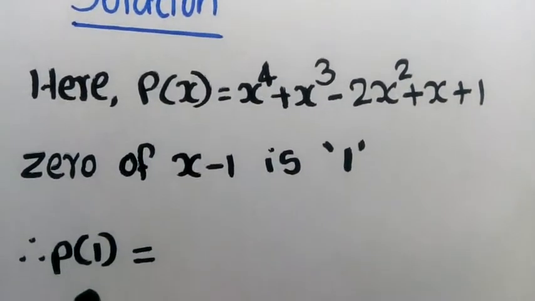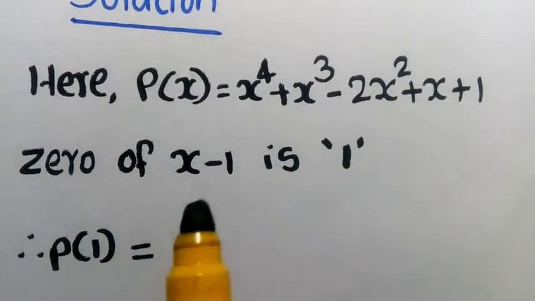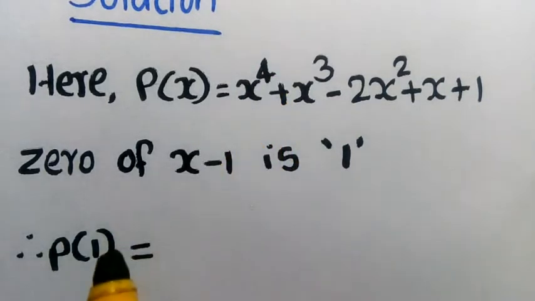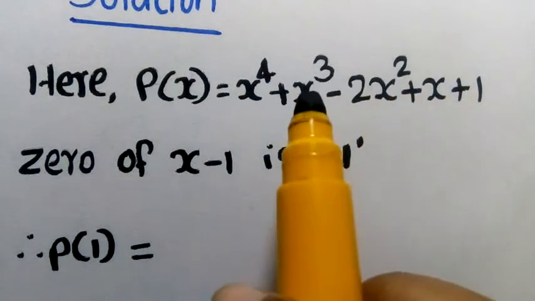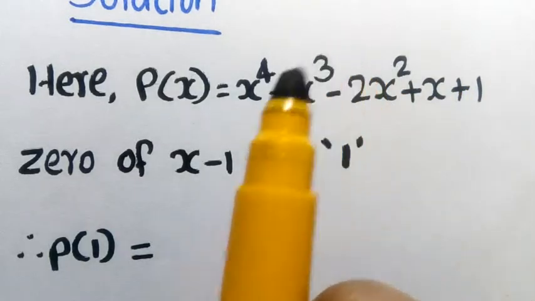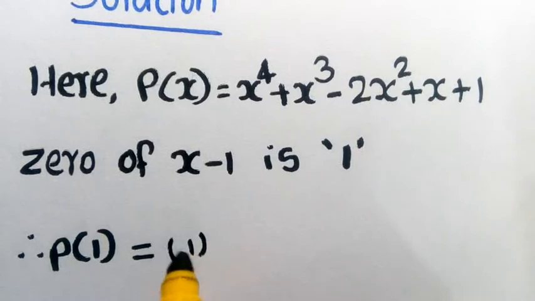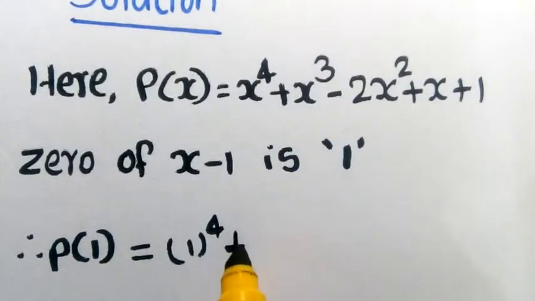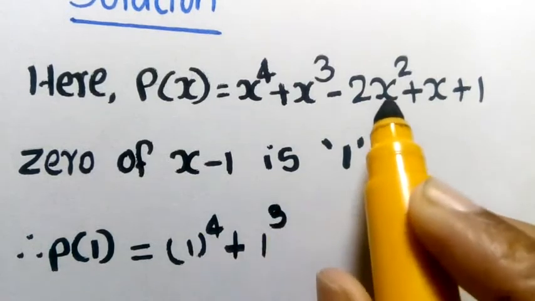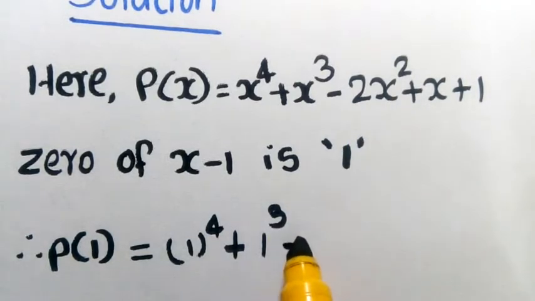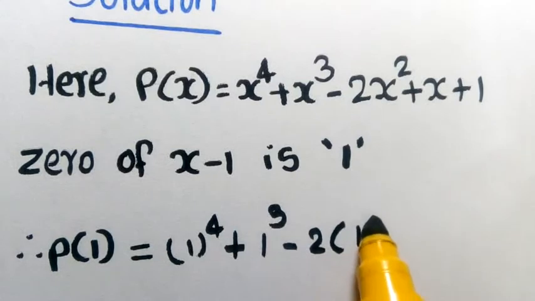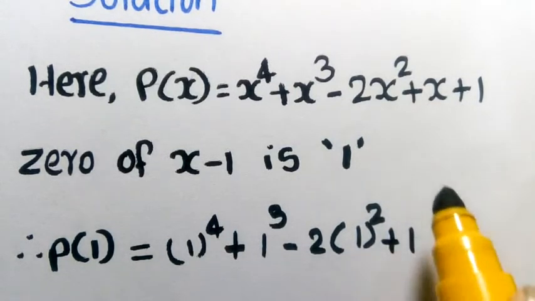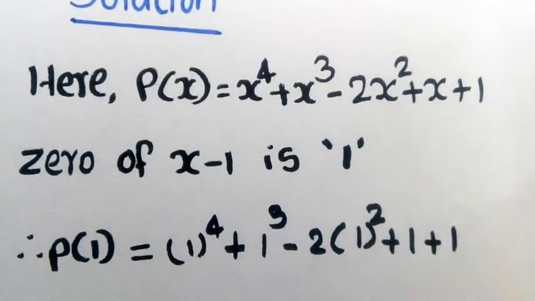Therefore, p of 1 is equal to, so first we have x to the power 4. We need to substitute the value of x in this polynomial. So first we will have 1 to the power 4 plus x cube. So plus 1 cube minus 2x square, minus 2 into 1 square, plus x, so plus 1, plus 1.